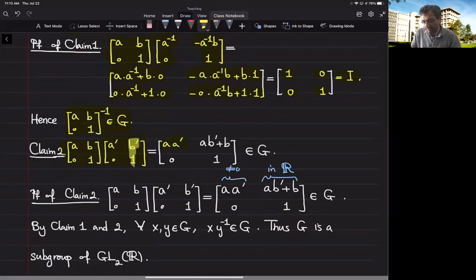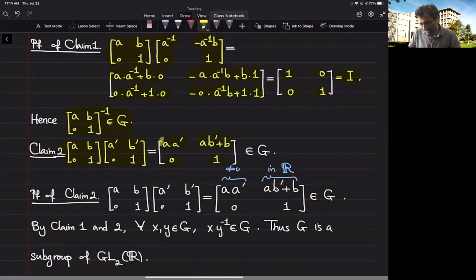A times B prime plus B times 1, that is A B prime plus B. Now 0 times this, 0 times A prime, 0, 1 times 0 is 0, so I get 0. 0 times B prime is 0, plus 1 times 1, I end up getting 1. As you can see, this corner is 0, the 2,2 position is 1, and the 1,1 position is not 0. Remember, A and A prime are not 0, therefore A times A prime is not 0 either.